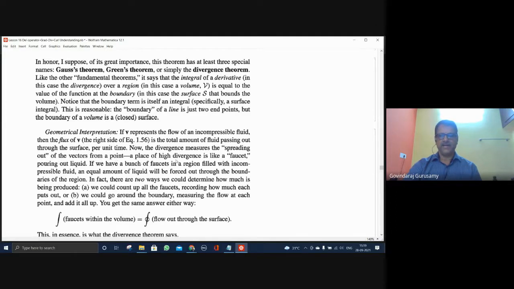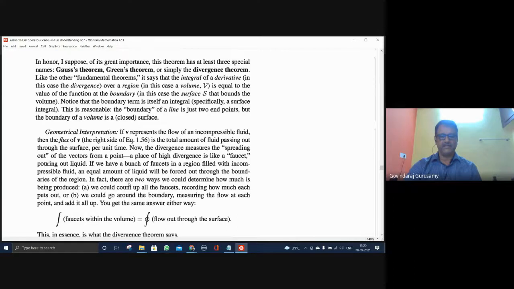A place of high divergence is like a faucet pouring out liquid. If we have a bunch of faucets in a region filled with incompressible fluid, an equal amount of liquid will be forced out through the boundaries of the region.